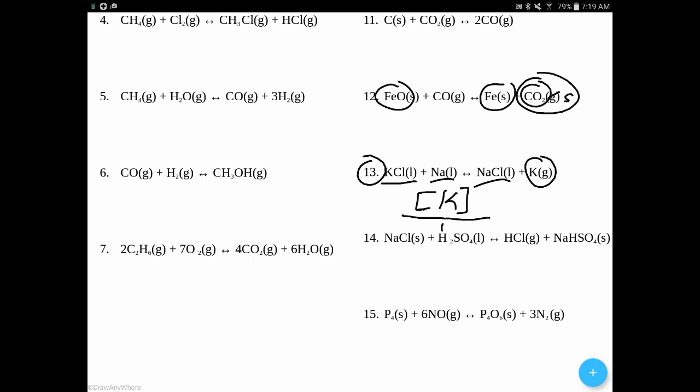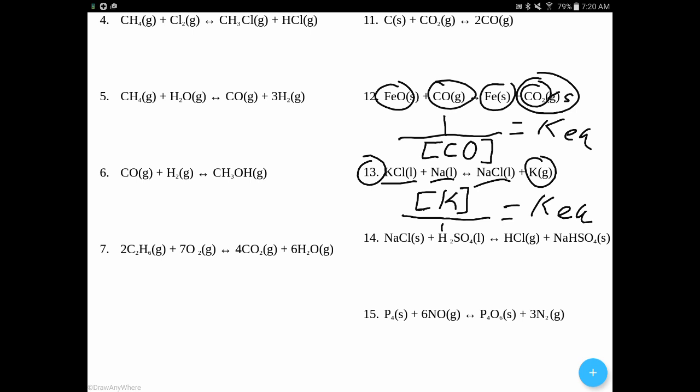We'd also ignore FeO. So we put our products, which both of them aren't there, so we just put a 1 on top. And then we would put our reactants, concentration of CO, on the bottom. No coefficient, so no exponent, and that would be it. Equals KEQ. Also, this one was equal to KEQ. Okay? And that is it for this one.